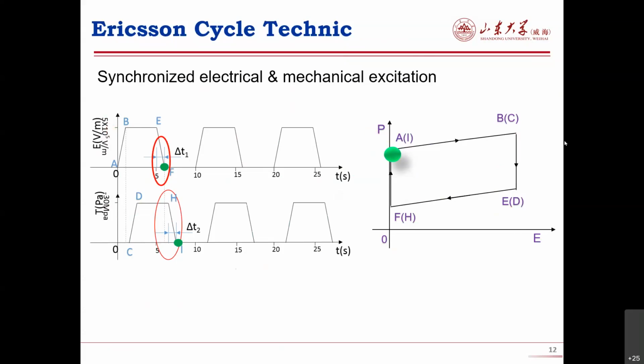I think there is one problem, because you need to have two sources. One source is variable stress or vibration, and the second source is a variable electrical field, the external electrical field.